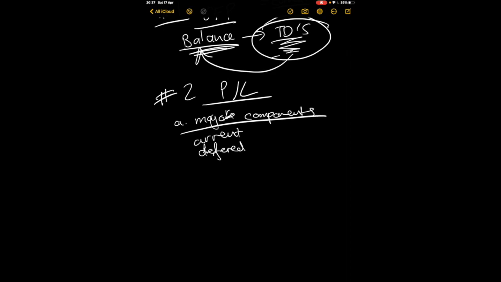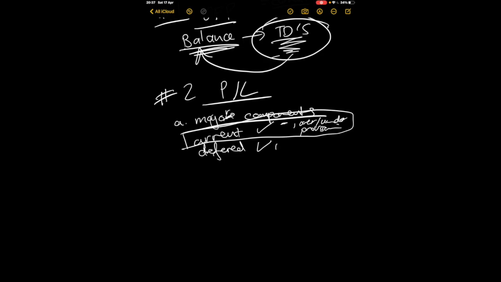We need to disclose everything that's in current tax and everything that's in deferred tax. In current tax, you would have your current year expense, and you could have an over or under provision from the prior year. All of those would be disclosed under our current tax.